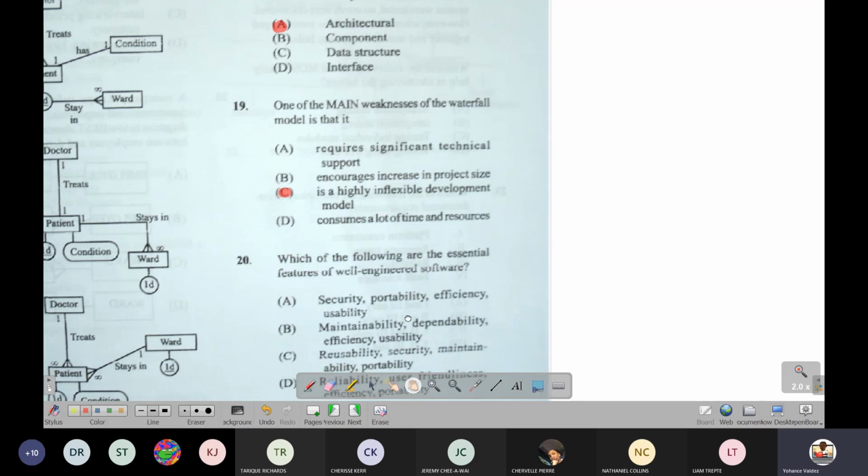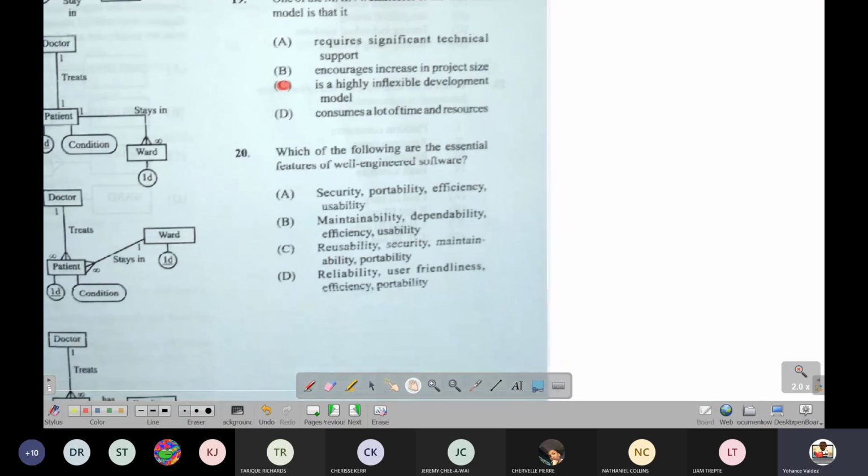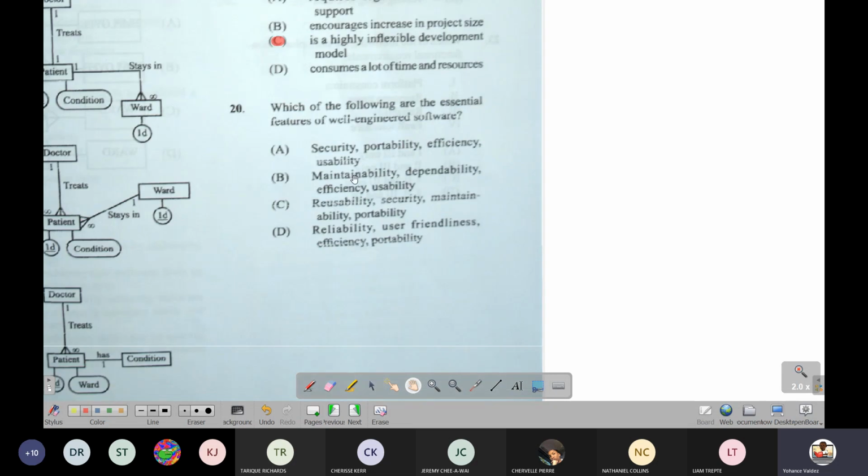Which of the following are the essential features of well-engineered software? Right? All of these are so similar. It always gives me an issue to remember.